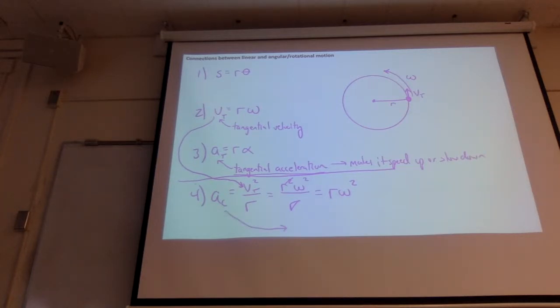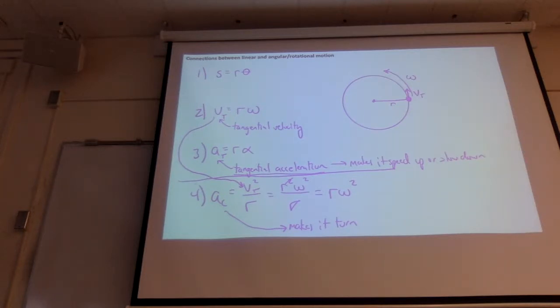This one makes it turn. All right? 4 connection equations between the 2. So here in just a few slides, after we do some multiple choice questions, we're going to do an example connecting all of these things together.